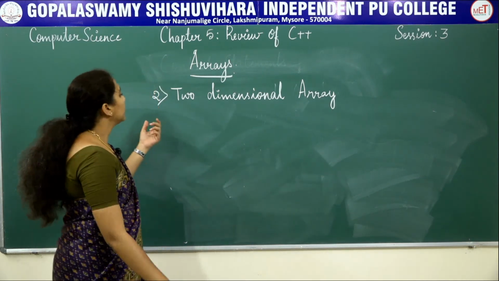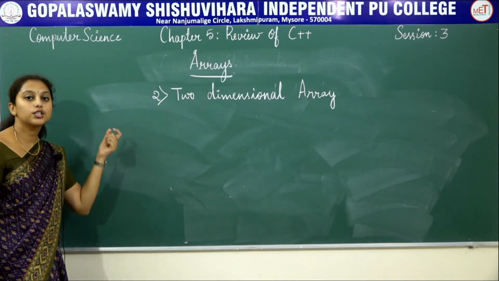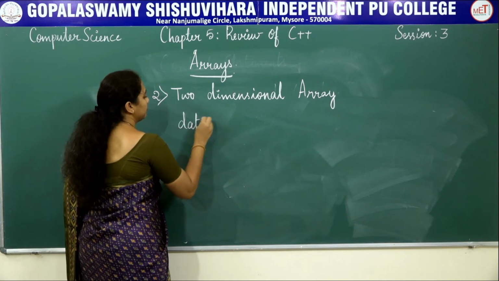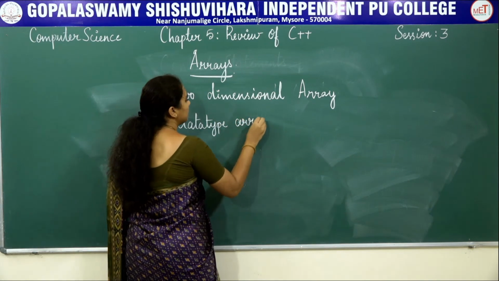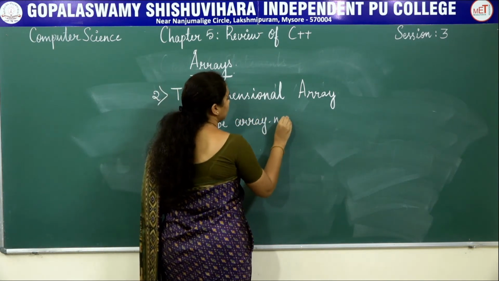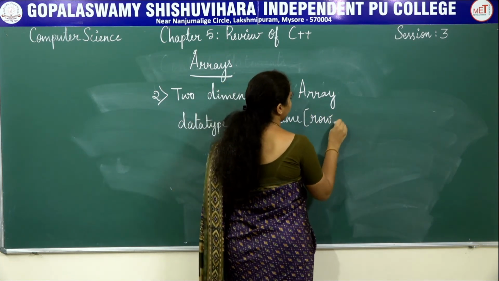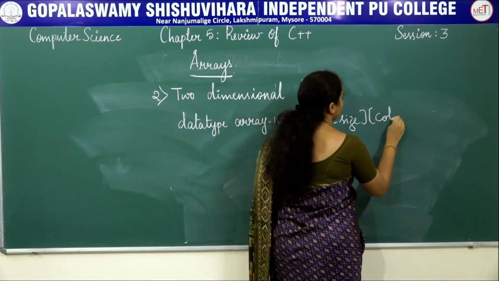The declaration syntax for a two-dimensional array is data type, array name, row size, column size.